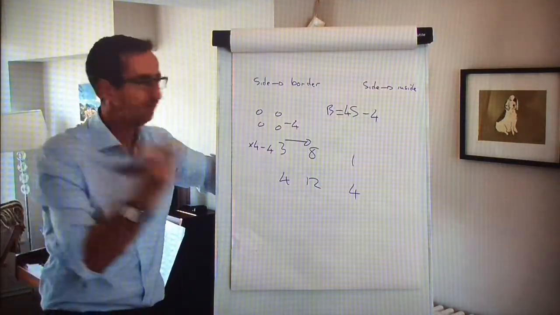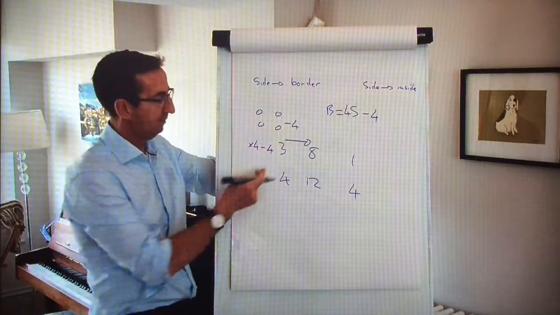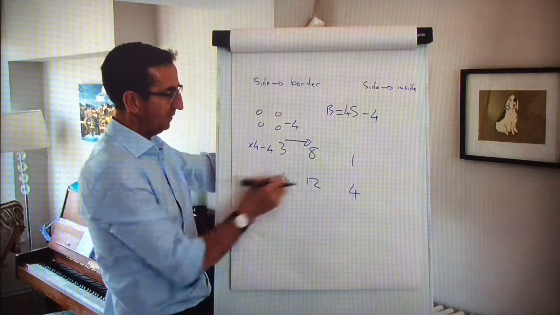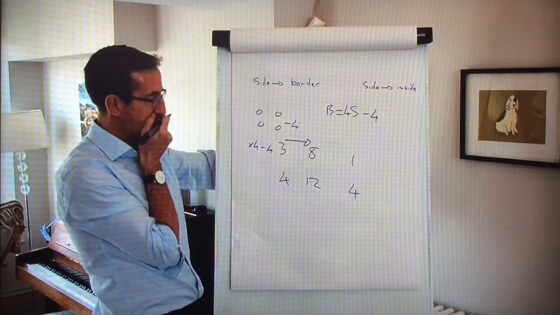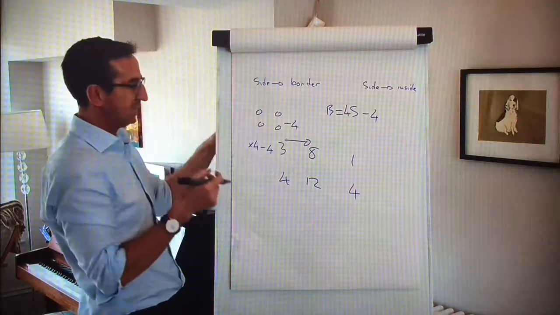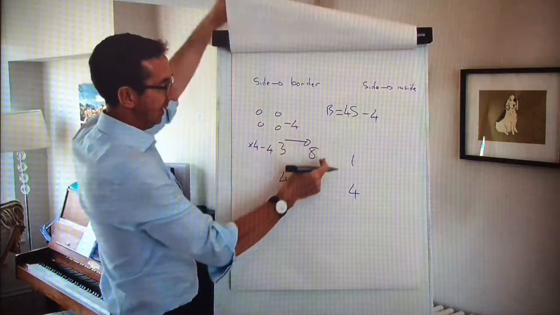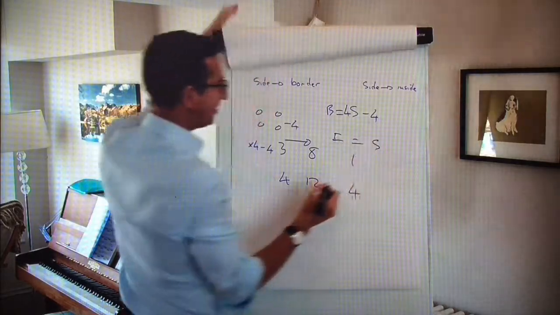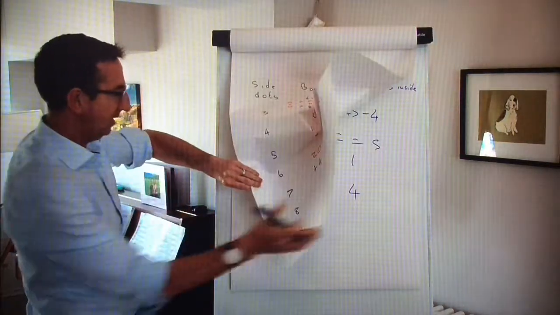I think for some groups it's worth dwelling upon that. But what about that one? How do we work that one out? That's interesting. There must be a way of doing it. There must be a way of working the inside out from the side. Let's have a look.